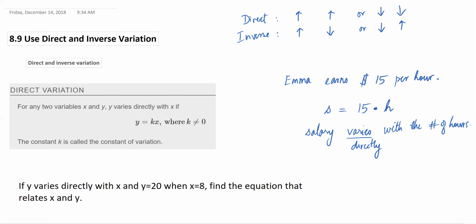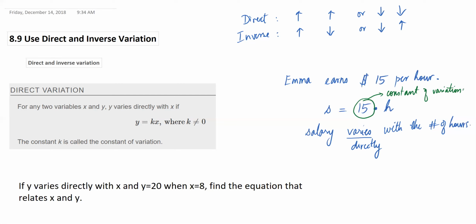Also, this 15 remains constant. S and H are the variables, and they are the ones that keep changing. So this 15 is called the constant of variation. Variation means something is varying. Constant means something is still, not changing. Within a context of variation, you're looking for information that remains constant because that will tell you how the variation will be affected.